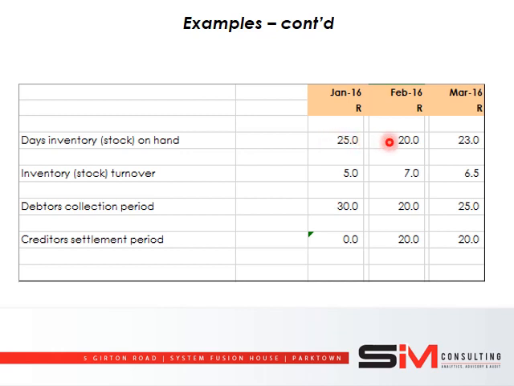What this means is your stock is moving faster in February 2016, which is good news. How do we know that stock is moving faster? Because you can see between the two periods that stock on hand is lower. That means stock doesn't stay longer in the warehouse.